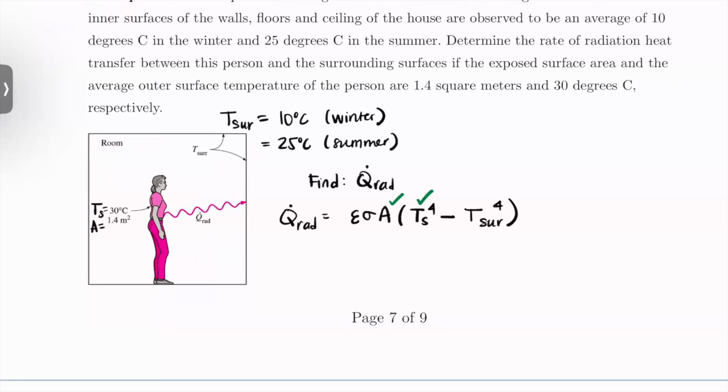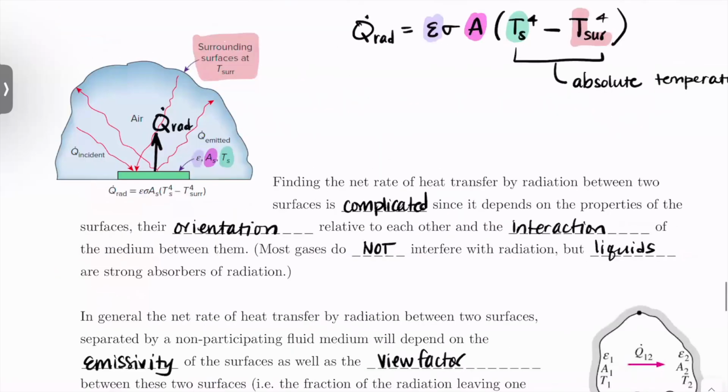The surface temperature of our person is given to us. And we also have our surrounding temperature given to us. Sigma is a constant that is always the same, so we know that one. We don't yet have emissivity, all right? So we're going to go to a table to find that. It's a little bit earlier in the notes. We're going to use table 9.6. Anybody have an idea for what emissivity we should use?